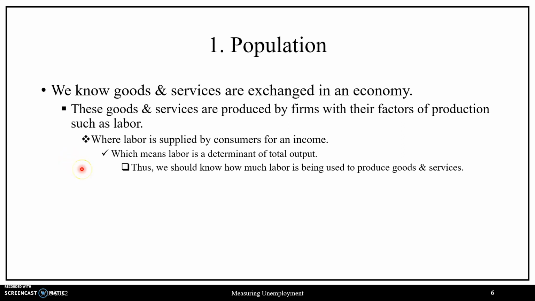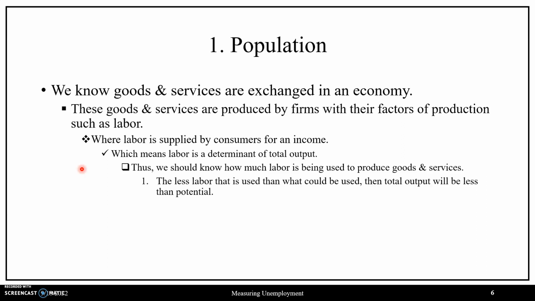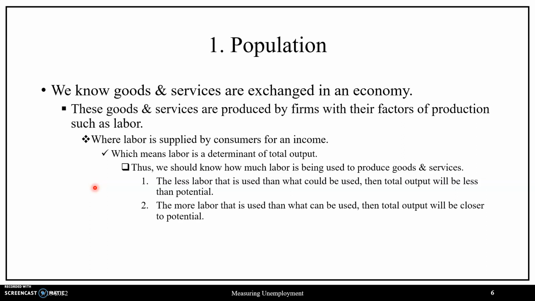Therefore, we should know how much labor is being used to produce goods and services in an economy, in that if labor is being underutilized, then total output produced is less than what it could potentially be, whereas the closer labor is to being fully utilized, the closer total output produced will resemble that of what could potentially be produced, or in other words, relating this to the production possibilities frontier.